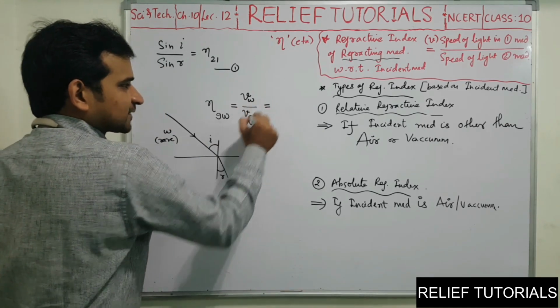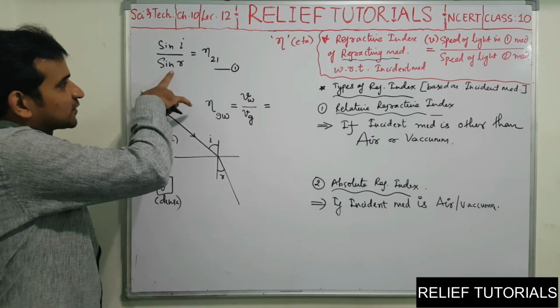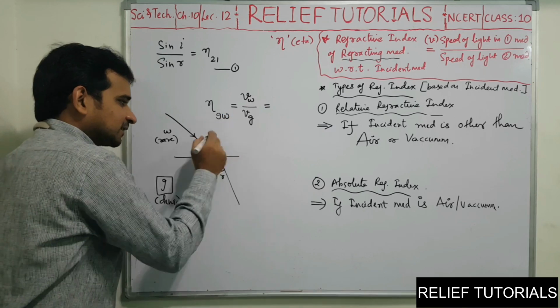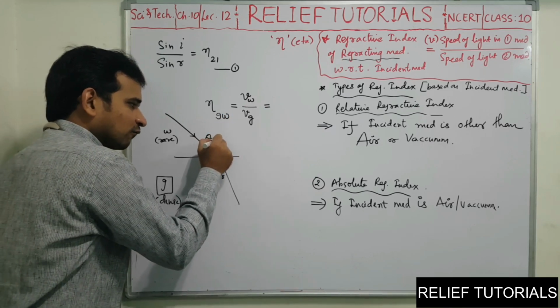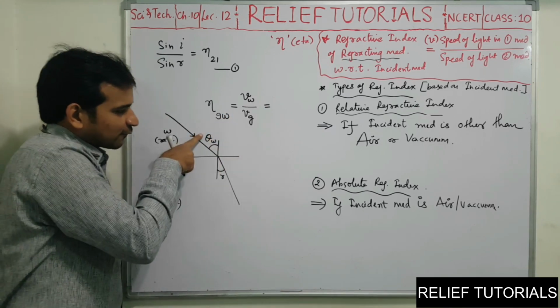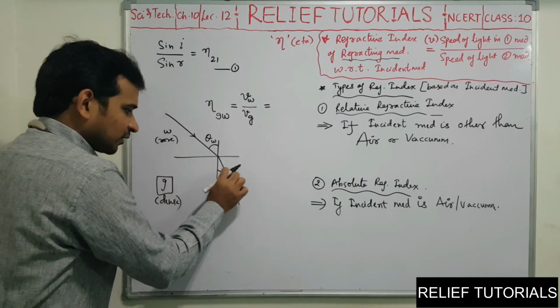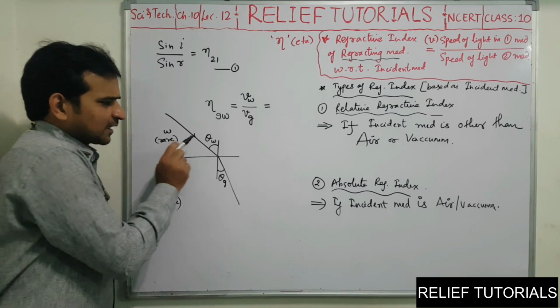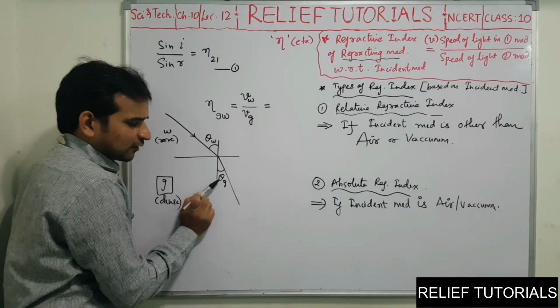Another formula that at the same time we can write according to this law: sine of angle of incidence, let us say this is theta water, means the angle formed in the water medium, upon the angle formed in the glass medium. These are nothing but the angle of incidence and angle of refraction.